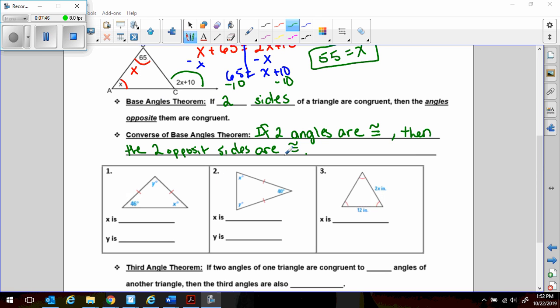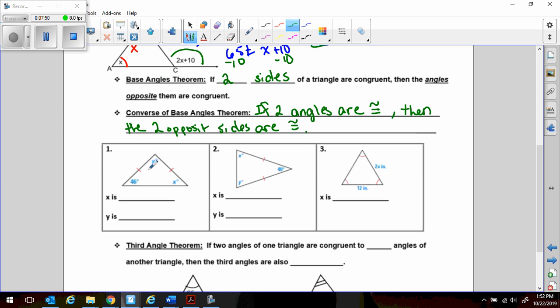And this is a symbol for congruence. What this means is this little dash and this little dash, since they both have 1, that means that they're equal. So if this side is equal to this side, then my opposite angles are going to be equal. So if this angle is 46, this angle is also 46. And then we would add them up.